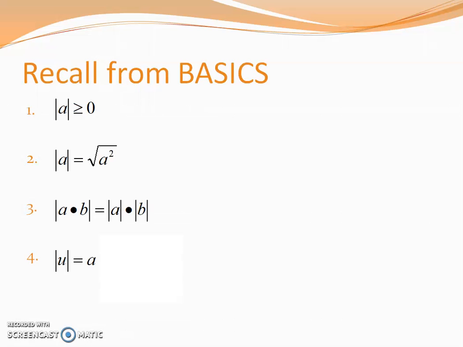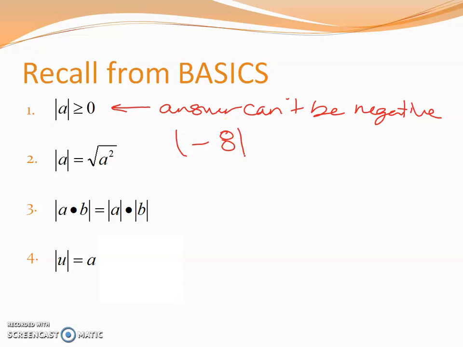Now, some things with absolute values that we need to know. The absolute value of a is always greater than or equal to 0. All that's saying is that your answer can't be negative, which makes sense. When we did the absolute value of -8, that equaled 8, right?